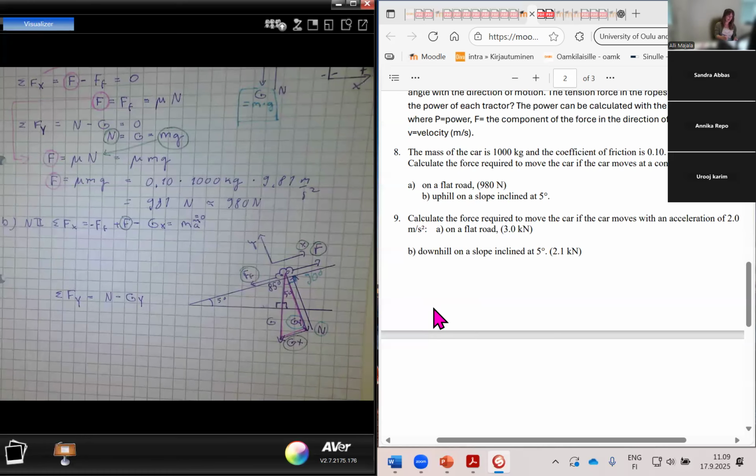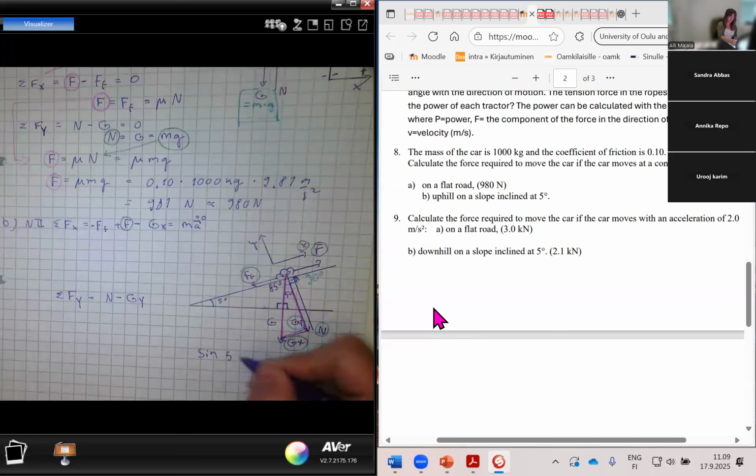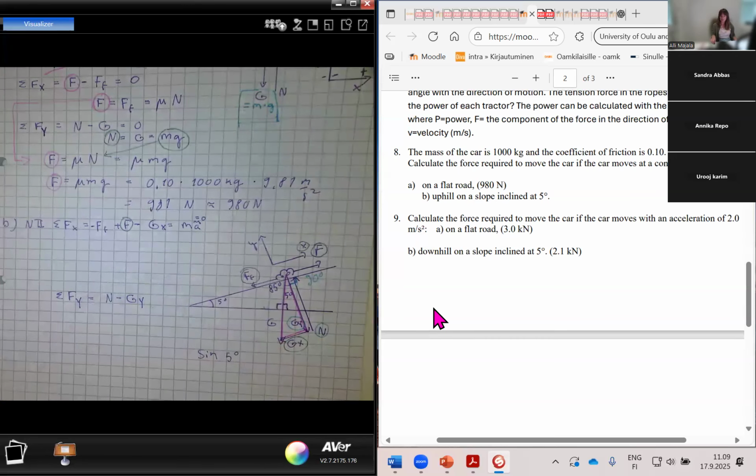So if I start writing, for example, the sin for this angle, sin 5, what would it be in this pink triangle?